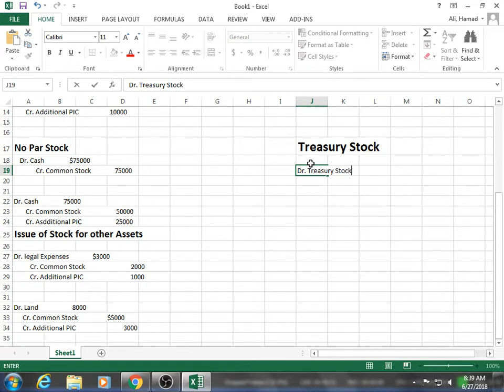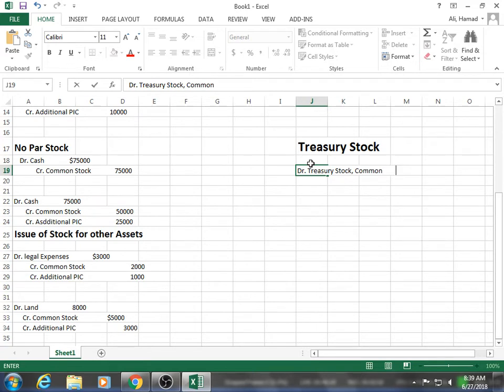Now this is common stock they are buying back, so you put a comma or dash and write common. For how much did they purchase it? They purchased 2,000 shares for $50 a share, which comes up to $100,000. That's correct.